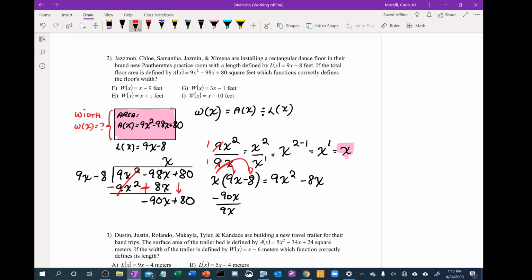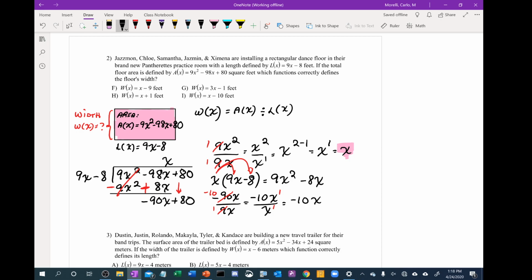Simplifying the numerical part of the fraction, we get negative 10 over 1. And so this equals negative 10x over x. Recalling that when x's are by themselves, they do have exponents of 1, and applying the quotient rule that says when you have bases that are the same, you subtract the exponents to divide.